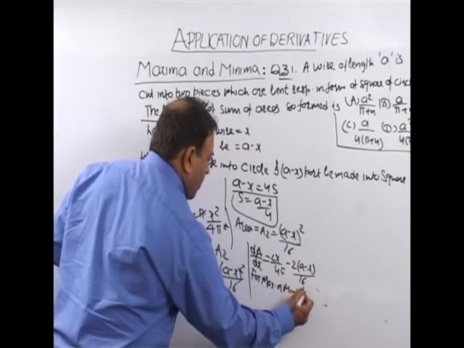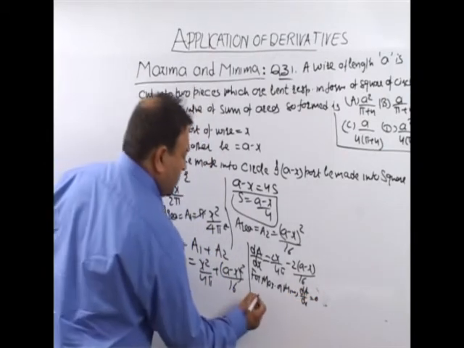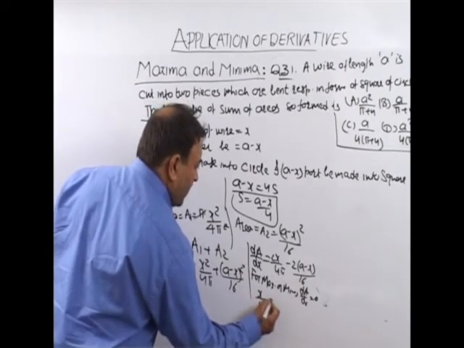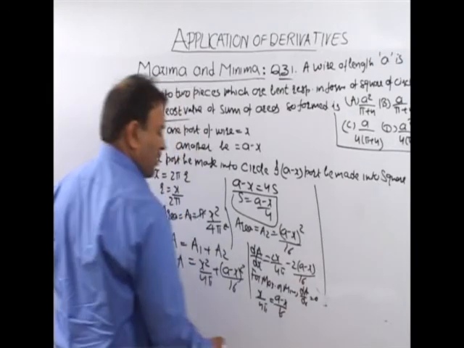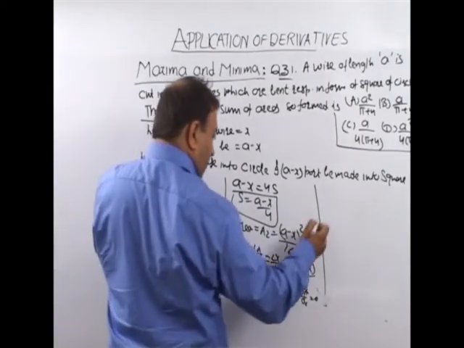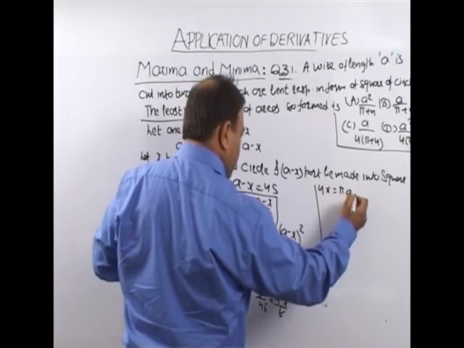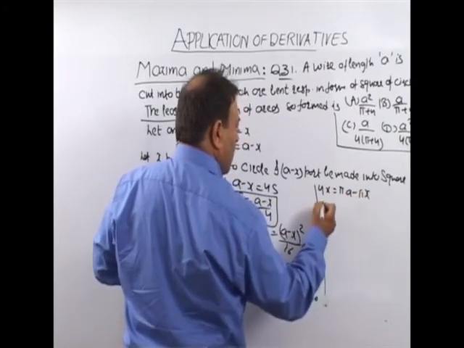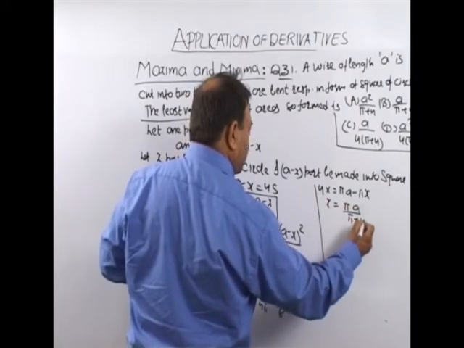For maxima or minima, dA upon dx is equal to 0. So x upon 4 pi is equal to A minus x upon 16. It comes out to be 4x is equal to pi A minus pi x, or I can say x is equal to pi A upon pi plus 4.